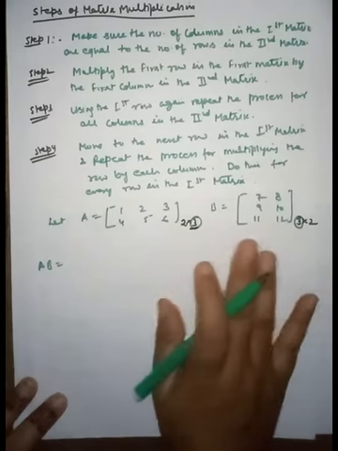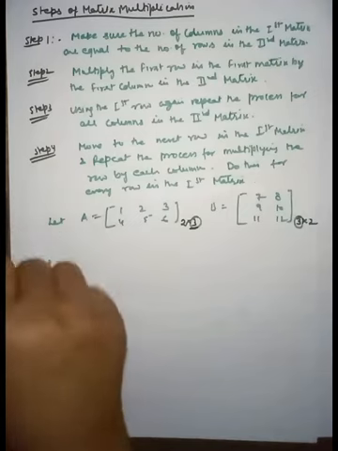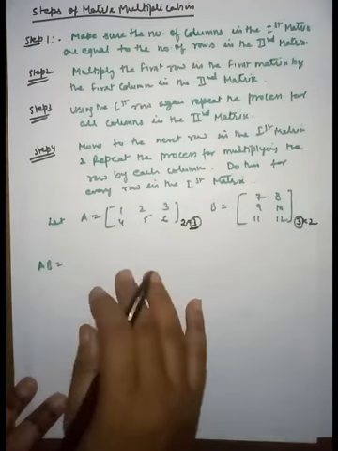If this condition holds, then you say AB is possible. Now find AB.